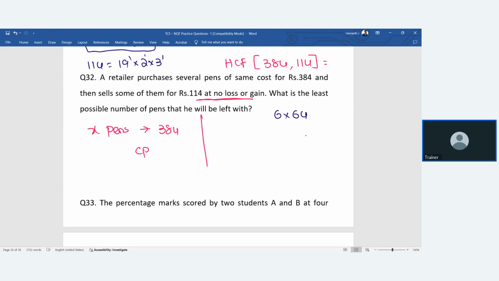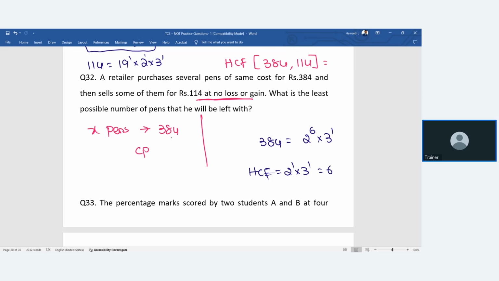So 2 power 6 into 3 power 1. 384 is nothing but 2 power 6 into 3 power 1. Now HCF means which is common in both, right? The one which is common in both with least power. So 2 and 3 are common. 2 least power is 1, 3 least power is 1. So 6 is the HCF.